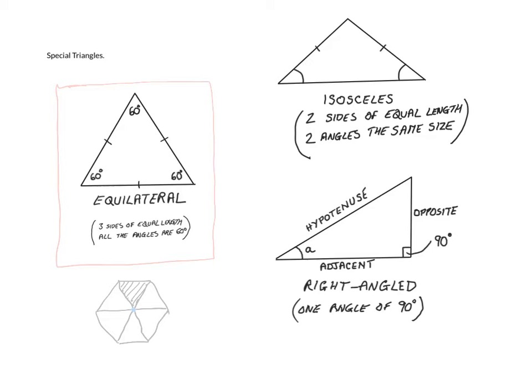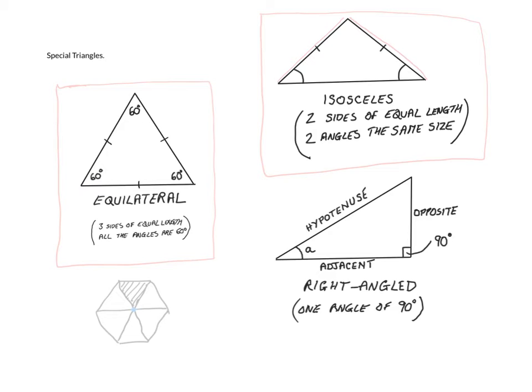If we come up here, you can see that I've drawn an isosceles triangle, as it's called. And an isosceles triangle has 2 sides, this side and this side, that are the same length.